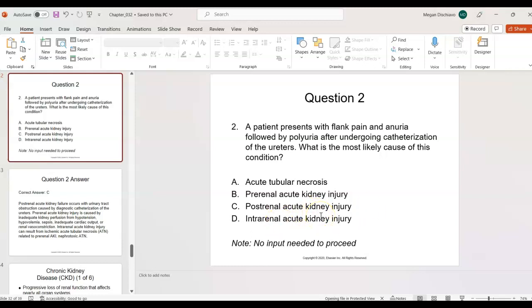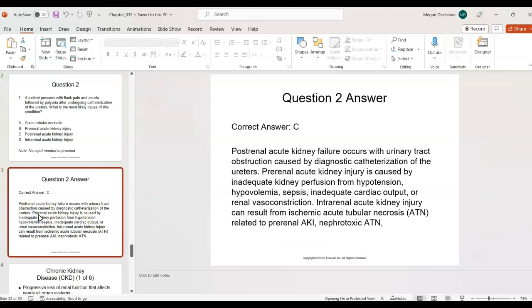Intrarenal would mean in the kidneys. Renal means kidneys. I wouldn't think that either because I'm thinking it's bladder. Acute tubular necrosis. Okay, where are the tubes? Okay, I think that they're referring to the nephron here. This is the one that I would pick out of these choices. Post-renal acute kidney injury. And that indeed is what the book was getting at.